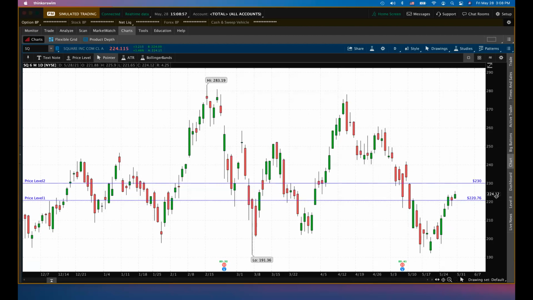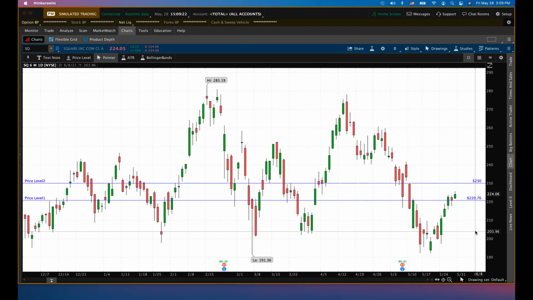So her thesis is that within two weeks, give or take, price may come close to 230, or it may even go past 230, but during that time, it is going to come back down below 230. It's going to stay below $230. So far, am I right on that?